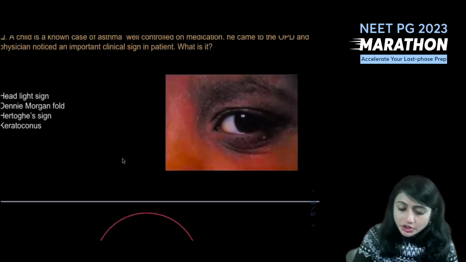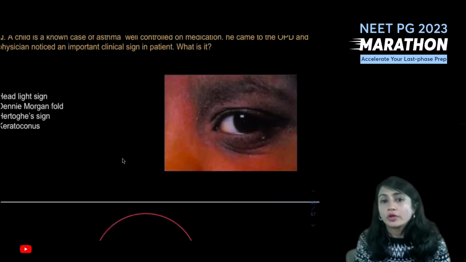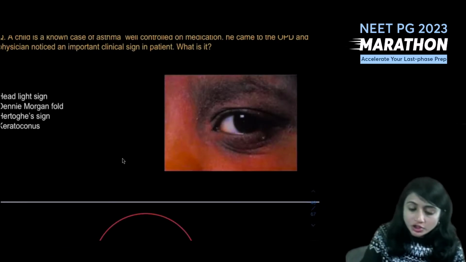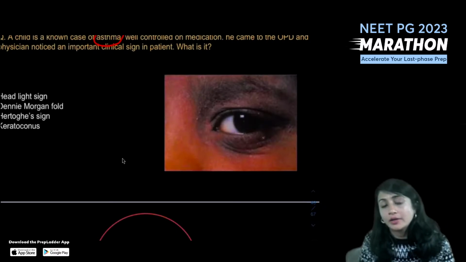Next question. A child known case of asthma is well controlled on medicines. He came to the OPD and the physician noted an important clinical sign in this patient. What is the sign? So a child is a known case of asthma, well controlled on medicine.